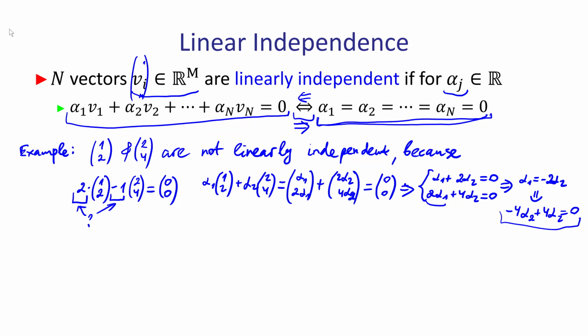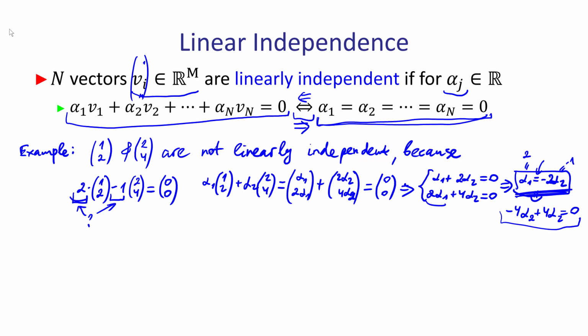It's always true for any alpha 2. So technically I have an infinite number of solutions to that system of equations, and I can pick any pair of numbers which satisfies that. Here I can pick alpha 1 equals, for example, 2, and alpha 2 equals minus 1, or any other pair which satisfies that equation.